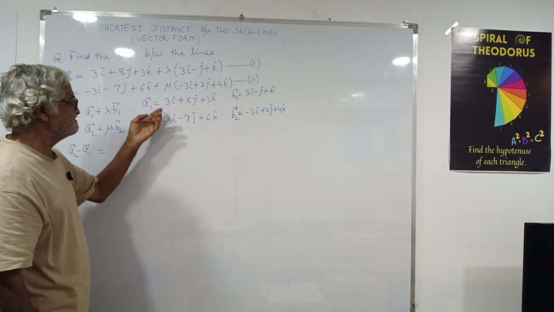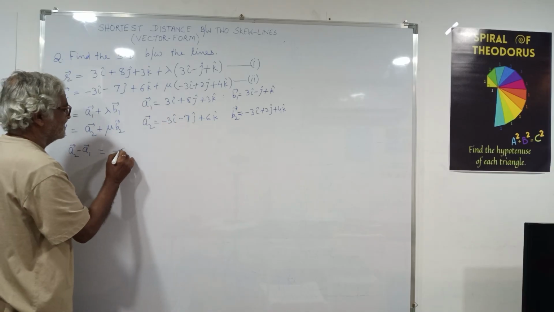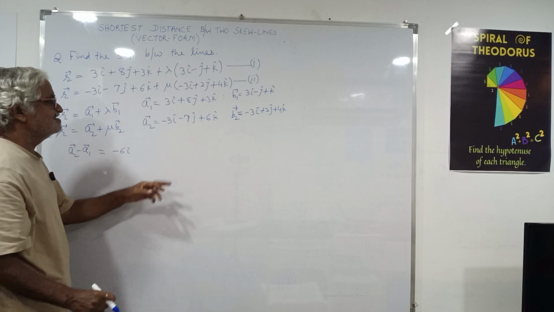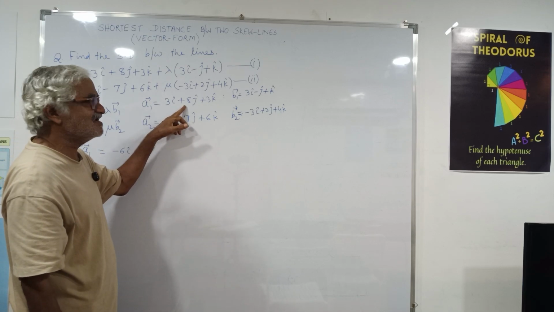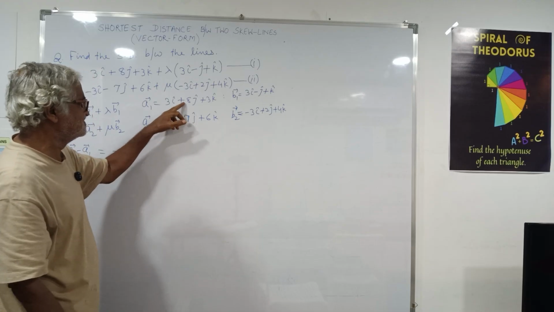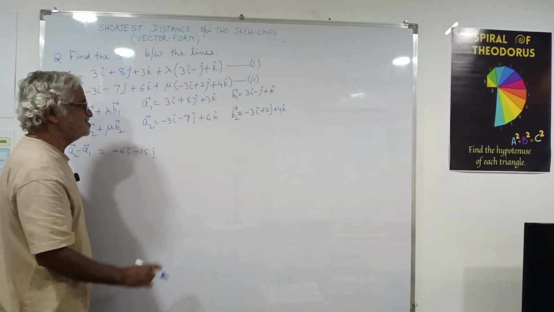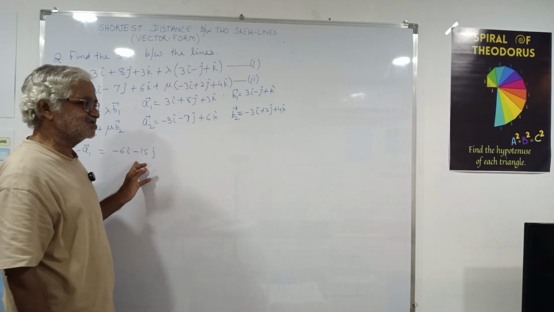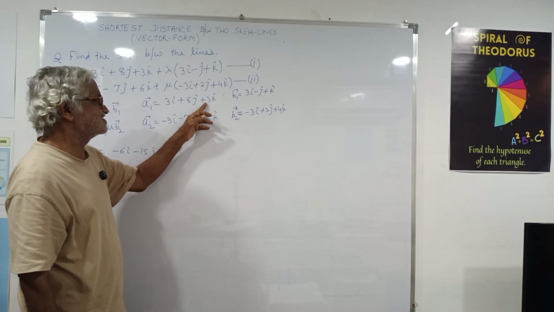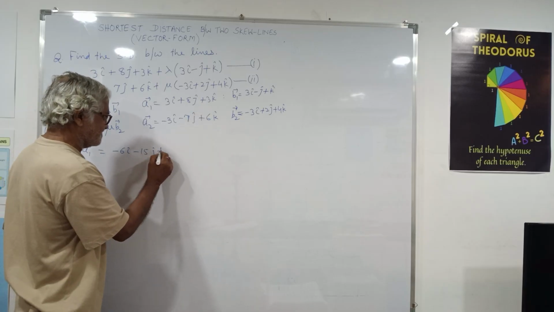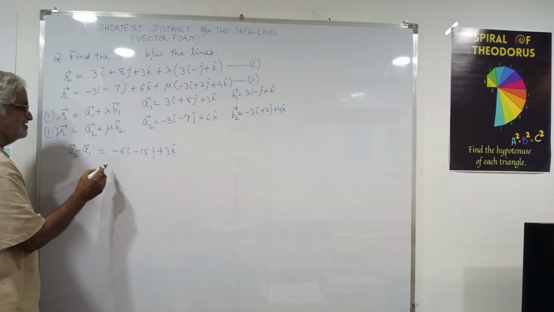So minus 3 minus 3, so minus 6I cap, minus 7j cap minus this is minus, so minus 15 j cap, along x-axis, along y-axis, and 6k cap minus 3k cap, so plus 3k cap. This is our a2 minus a1.